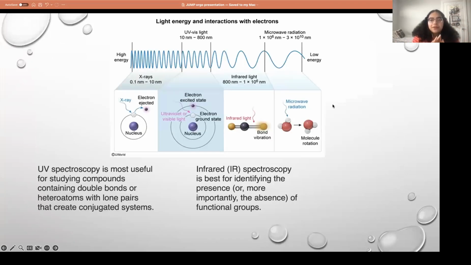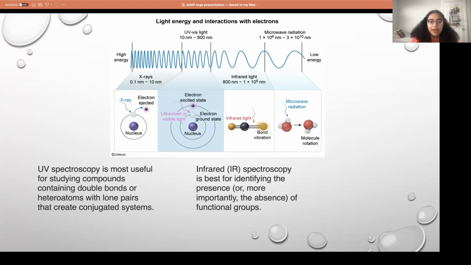As you remember from maybe the physics review, there's the light spectrum. The one that is important for orgo is UV spectroscopy, but all you really need to know for UV is it's good for studying compounds that have double bonds or heteroatoms with lone pairs. A lone pair next to double bonds can also create a conjugated system. So UV can help with conjugation.